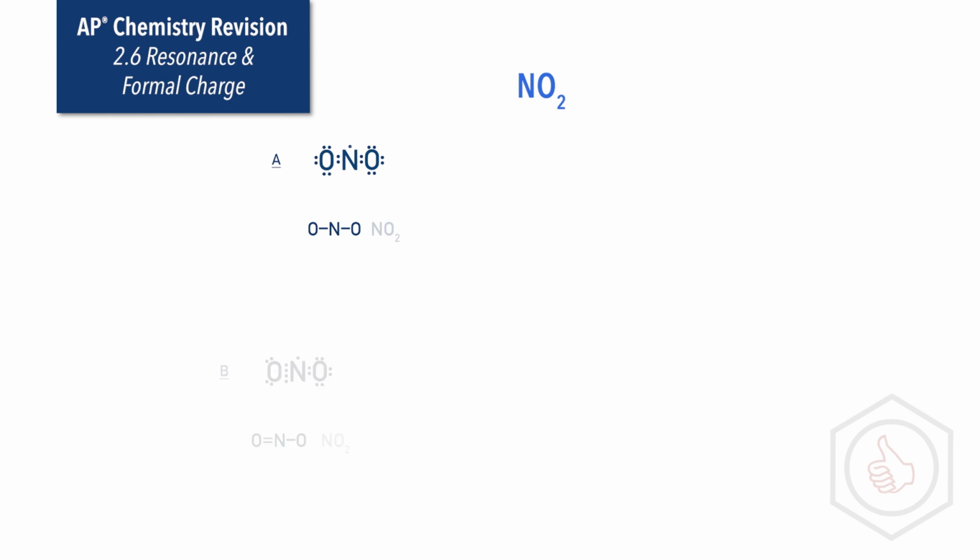In the first structure, the nitrogen formal charge will be 5 minus 1 minus 4 divided by 2. Because the valence number of electrons for the nitrogen is 5, because it's in group 5, it has one non-bonding electron, and there are 4 bonding electrons around it, meaning 5 minus 1 minus 4 divided by 2, giving a formal charge of positive 2.